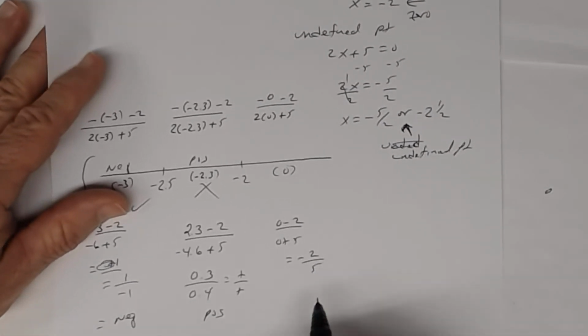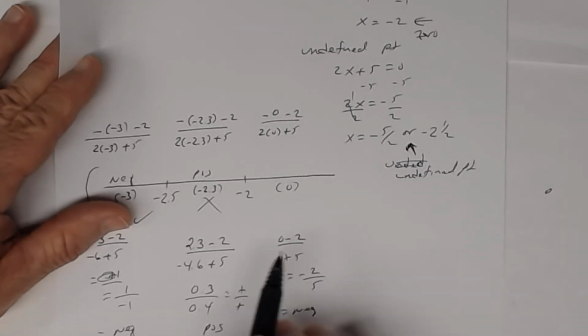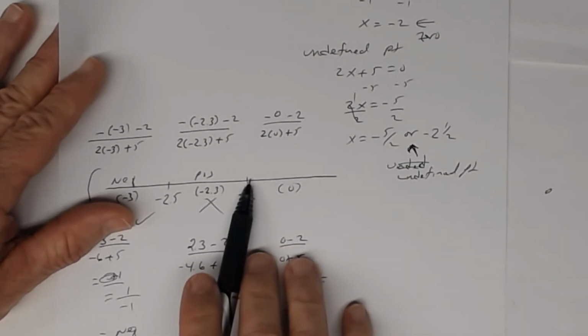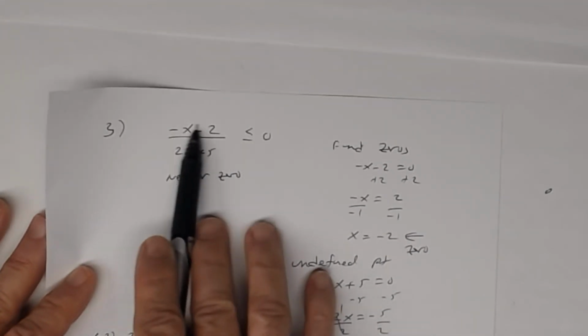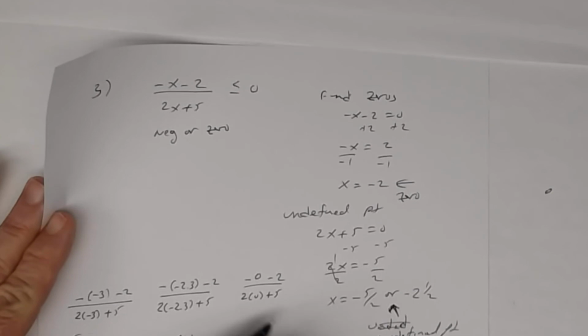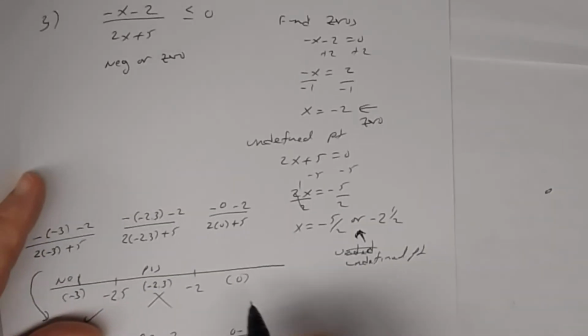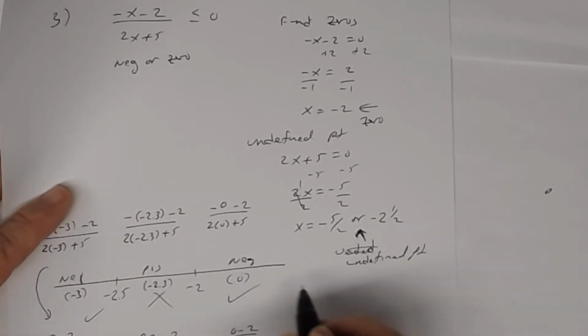A negative divided by a positive is a negative number. So that means that any real number that's greater than -2 will make this rational expression a negative number, and that's something I want. So I'm going to go ahead and check this off.